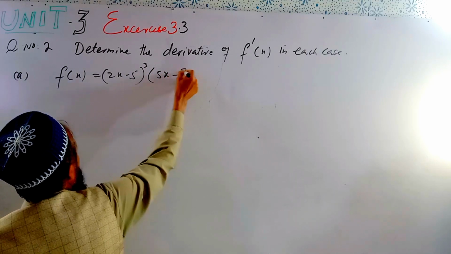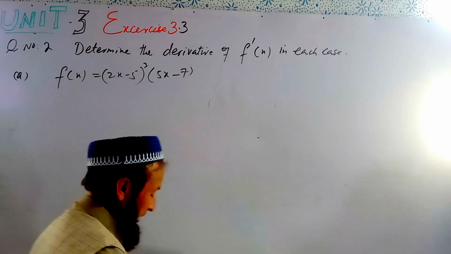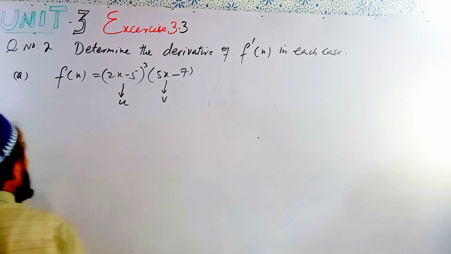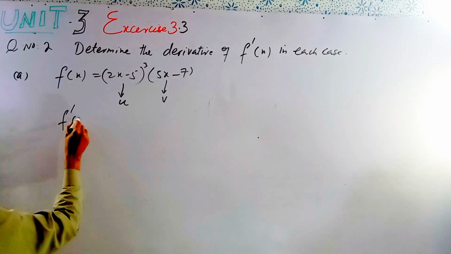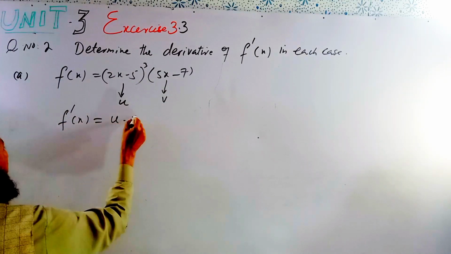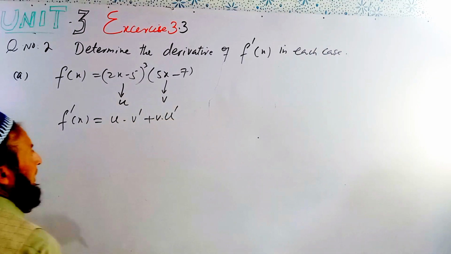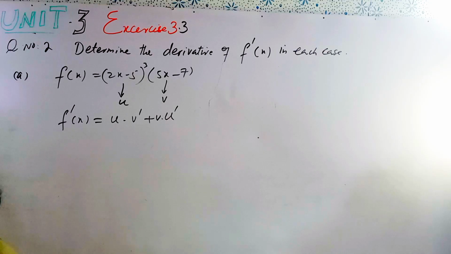Here we are using the product rule. According to the product rule, f dash x equals u v dash plus u dash v.